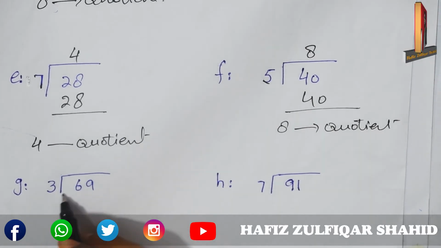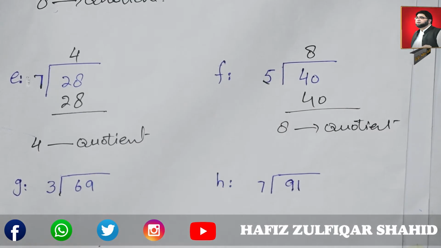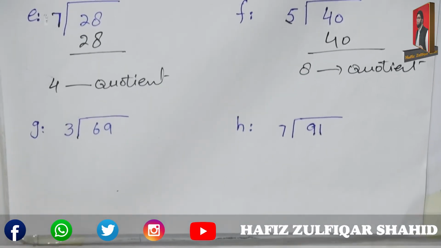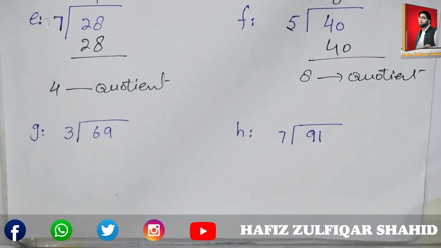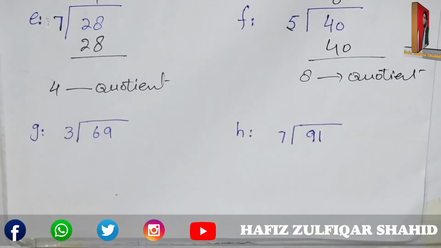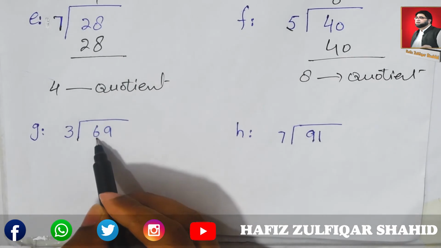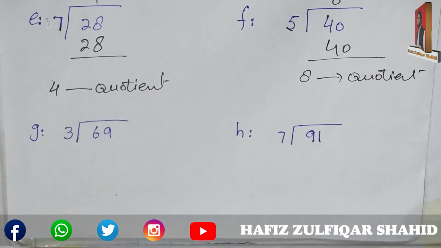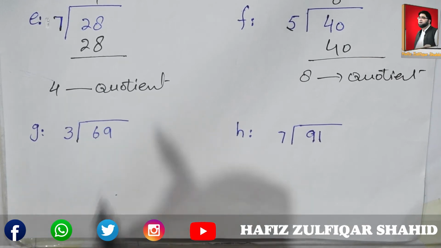Now see, you have a greater number. How you can solve this now? In addition, subtraction and multiplication, we start from unit side, right side, but in division we will start from left side.